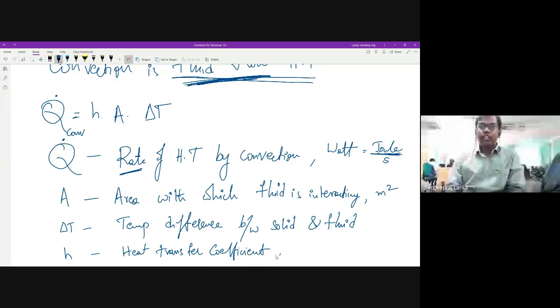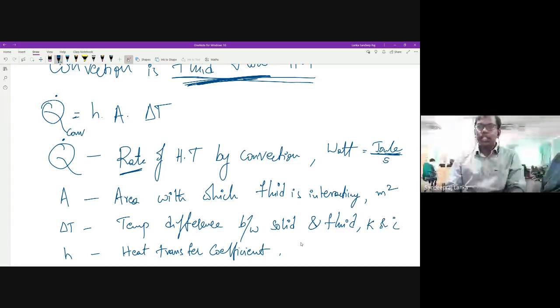It is heat transfer coefficient. Can somebody tell the units for this one? What is the unit of heat transfer coefficient? You have watt here, meter square here. Delta T is Kelvin or degree centigrade, both are same.